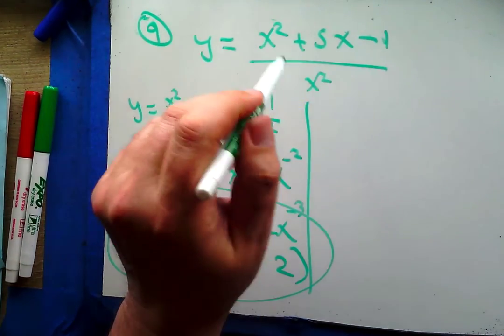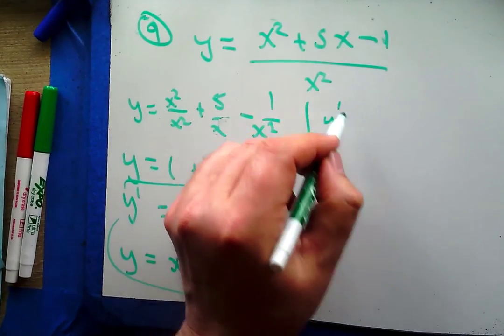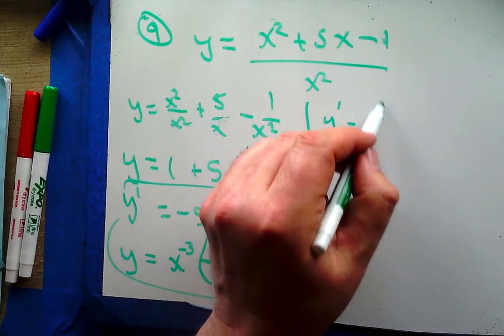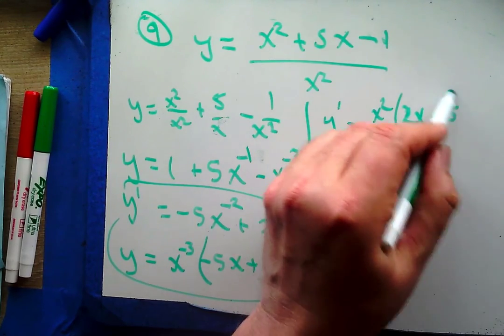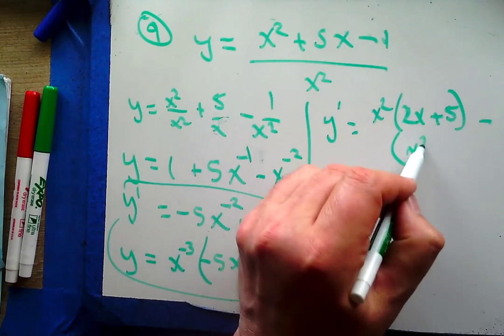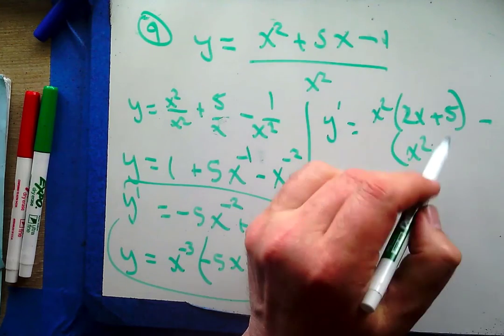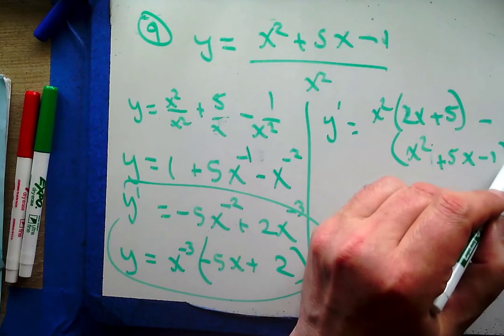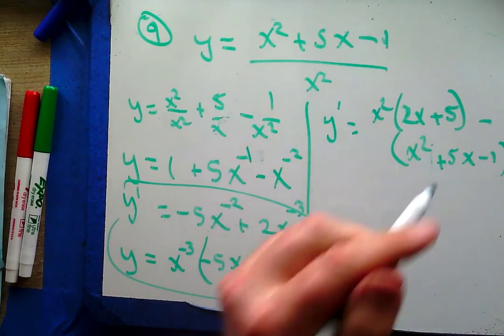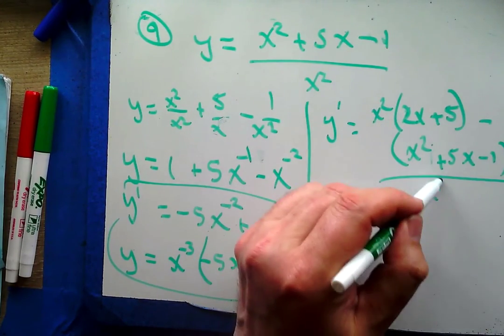Now, instead of splitting it up, let's just use the quotient rule. Low d high, minus high, x minus 1 d low, 2x, over low squared.